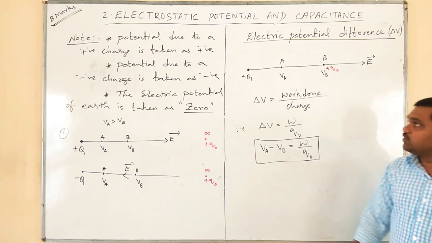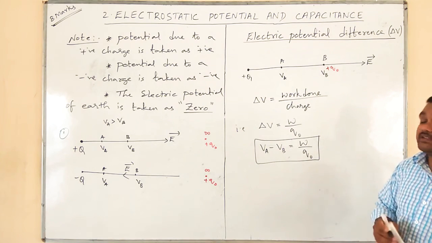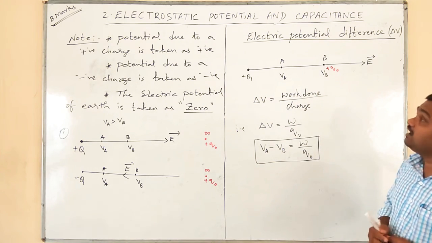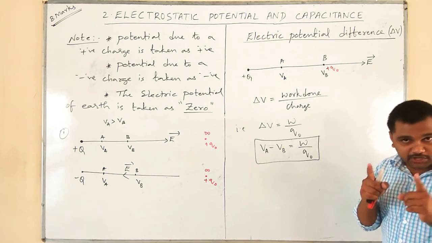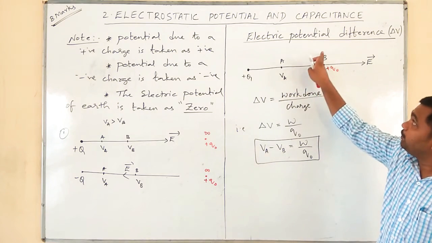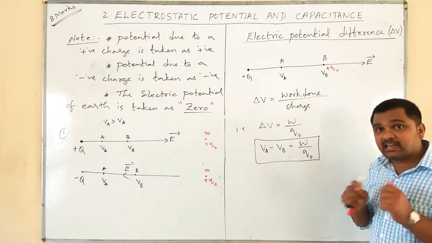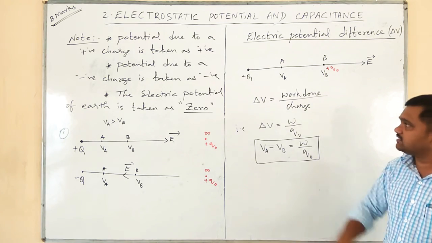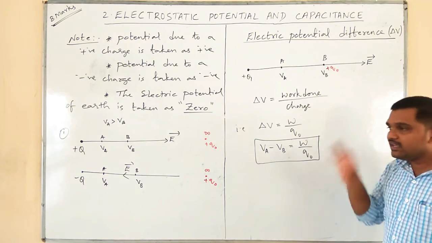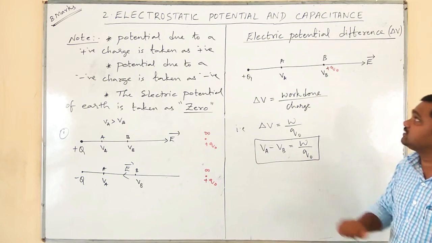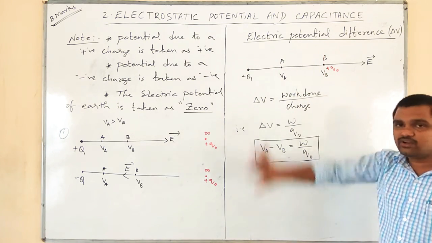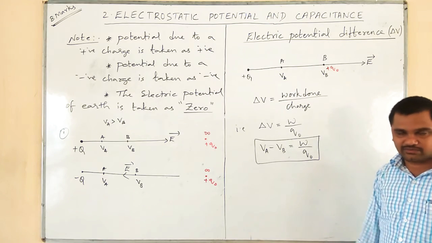So this is how we usually represent electric potential difference. Electric potential difference between 2 points in an electric field can be defined as the amount of work done in moving a unit positive test charge from one point to another point in that electric field.